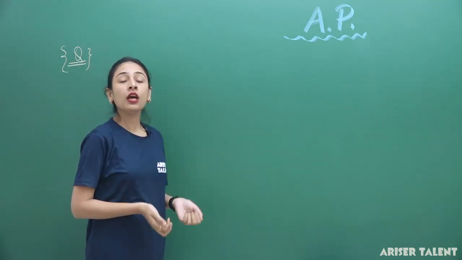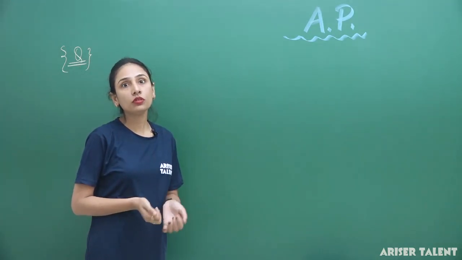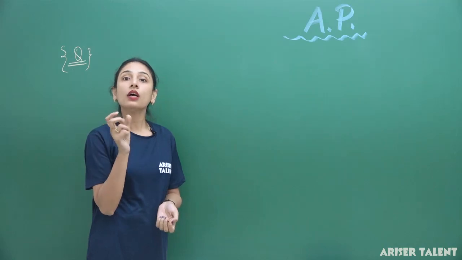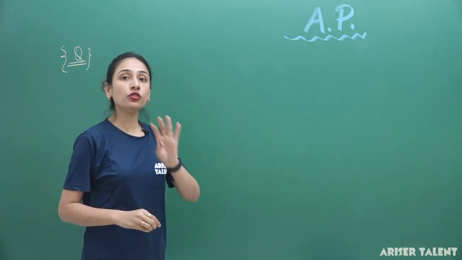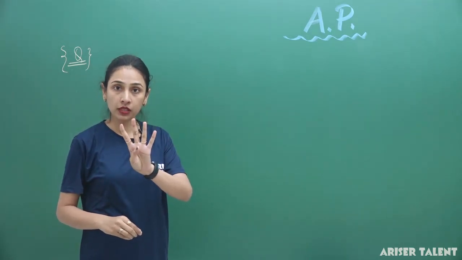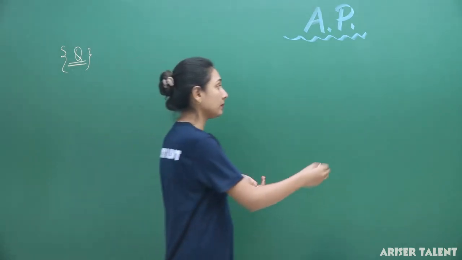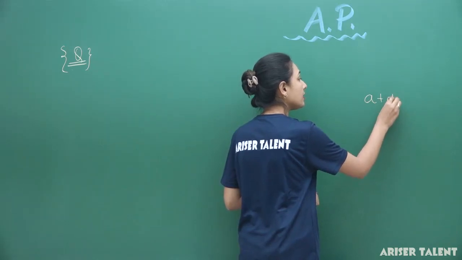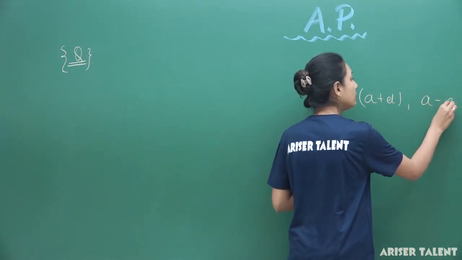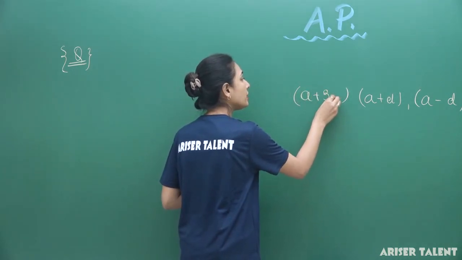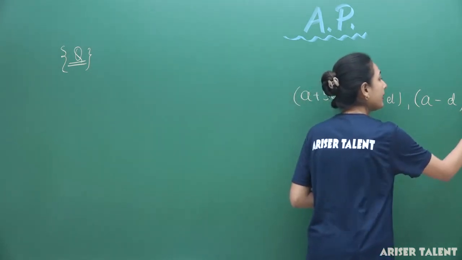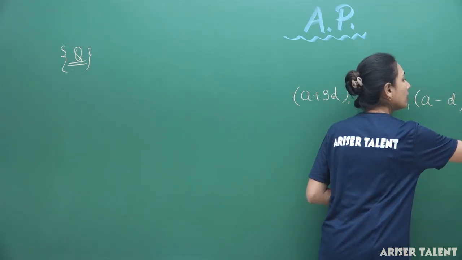In this question, you have to use that particular even number assumption. What I've told you: if you have to assume four numbers, then what will they be? That will be a plus d, a minus d, a plus 3d and a minus 3d.